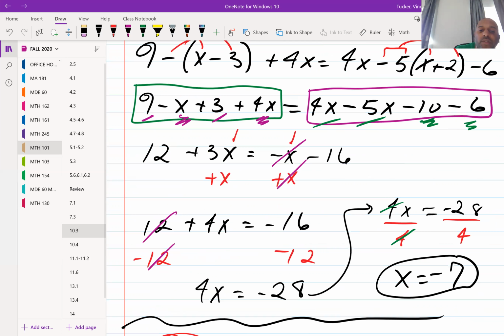And that'll give us 4x equal to negative 28. Divide both sides by 4. X is equal to negative 7.